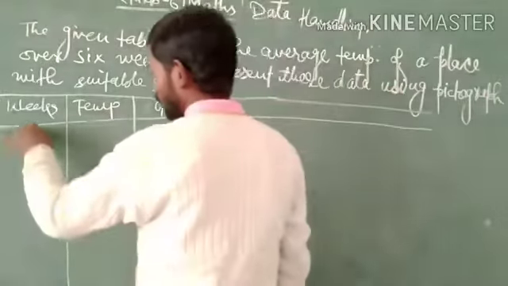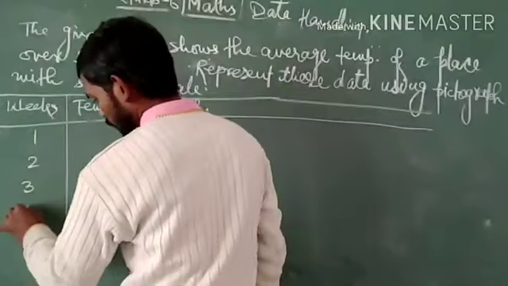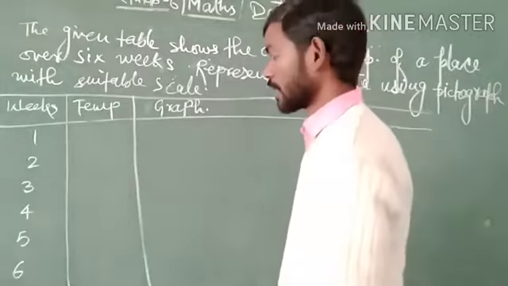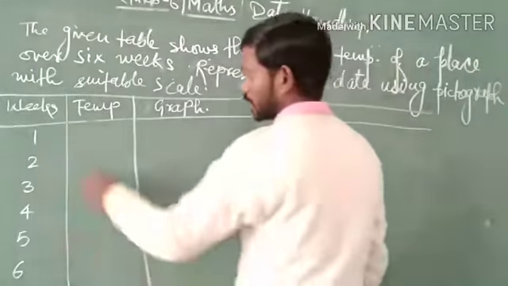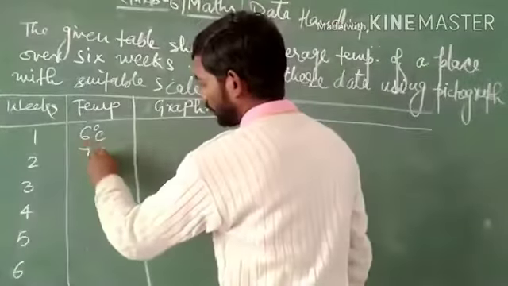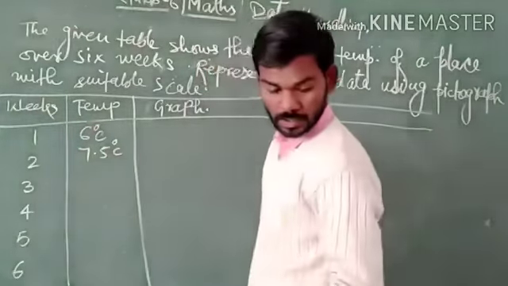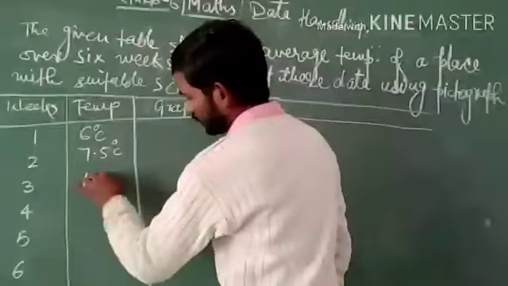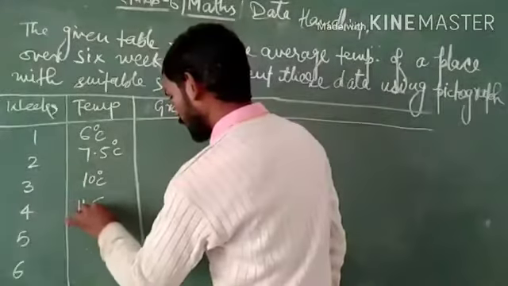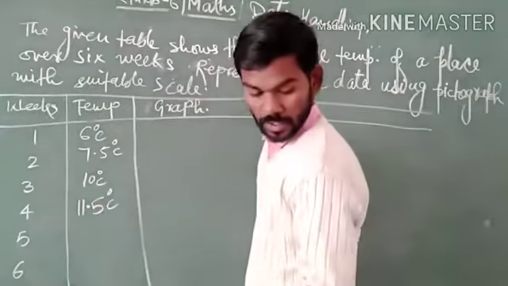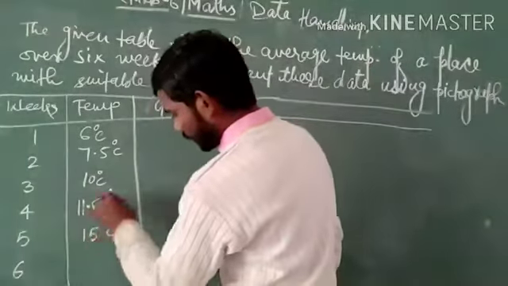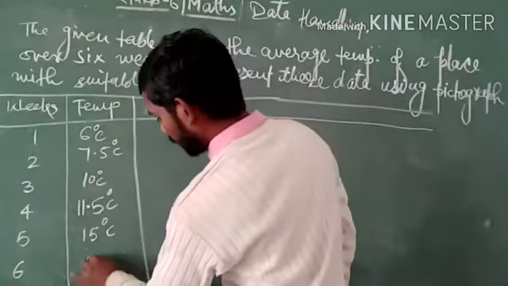So the first week, second, third, fourth, fifth and sixth, there are total 6 weeks, and the temperatures are: in the first week 6 degrees centigrade, in the second week 7.5 degrees centigrade, in the third week 10 degrees centigrade, in the fourth week 11.5 degrees centigrade, in the fifth week 15 degrees centigrade, and at the last 18 degrees centigrade.